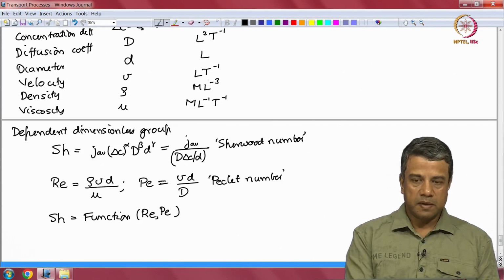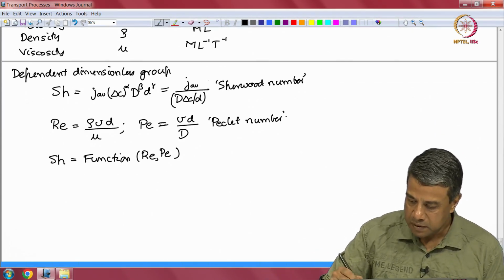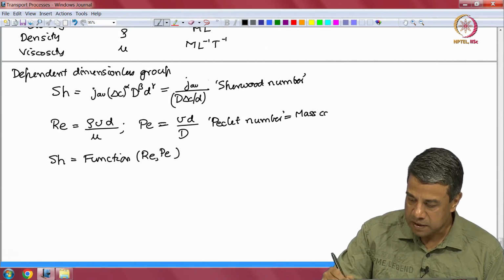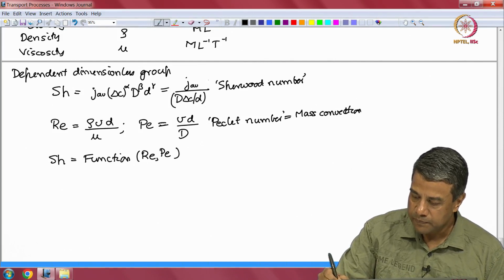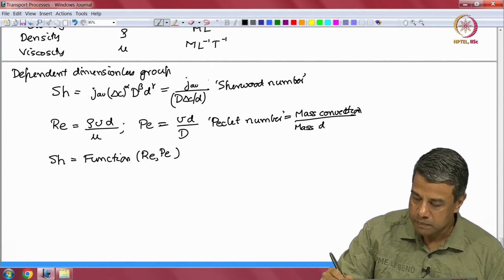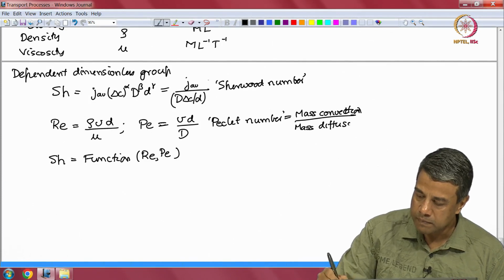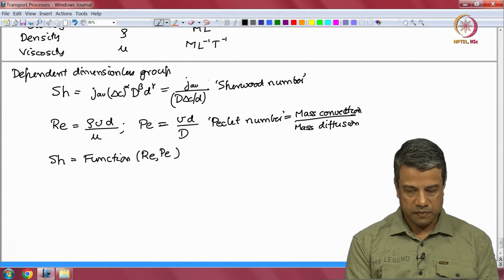Therefore, the Peclet number is a ratio, in this case, of mass convection by diffusion. Okay, the Peclet number is the ratio of mass convection by mass diffusion.